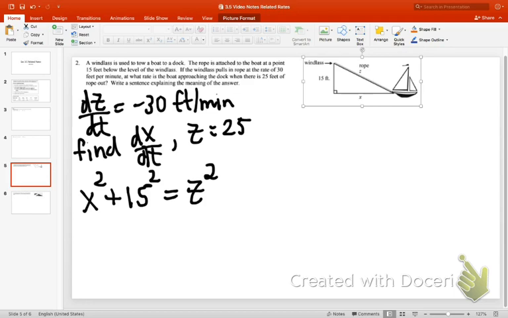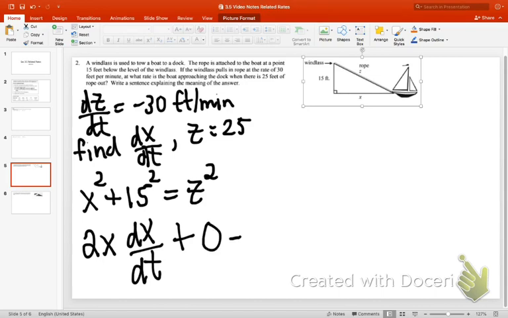I hope you see x squared plus 15 squared equals z squared, and now we're going to derivate this. So when I take this derivative, the derivative of x squared is 2x. Now we have to hit that with a dx dt, because this is with respect to time. The derivative of 15 squared is just a constant, so that's 0, equals the derivative of z squared, which is 2z dz dt.